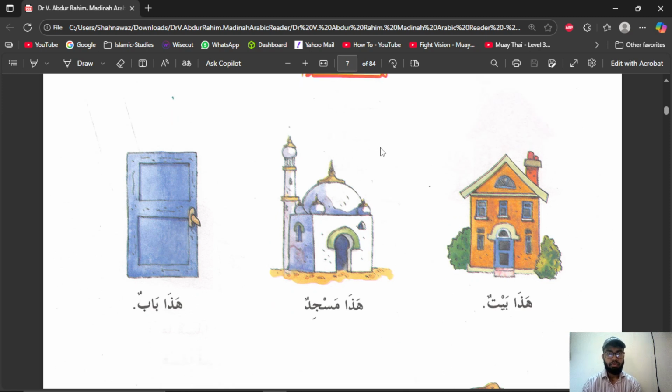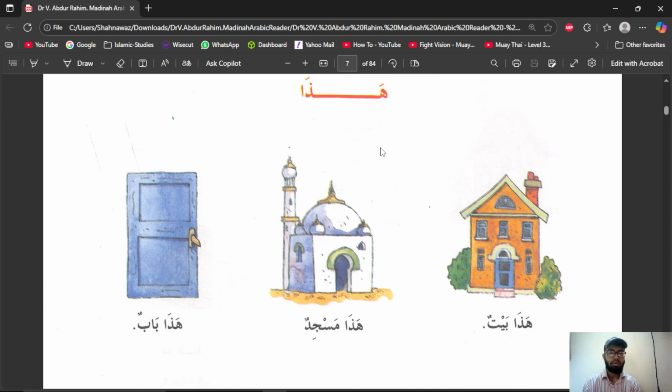Okay, so we have a couple of nouns here with Hadha. For example, Hadha baytun. Hadha baytun means this is a house. We will discuss these points later, because Hadha itself means this, and baytun is house.